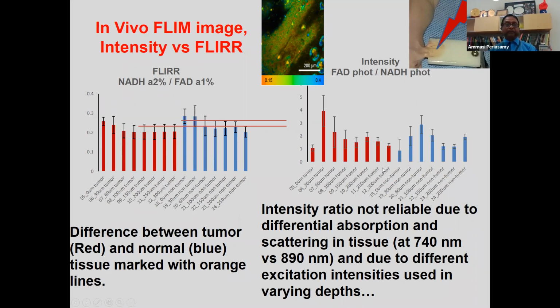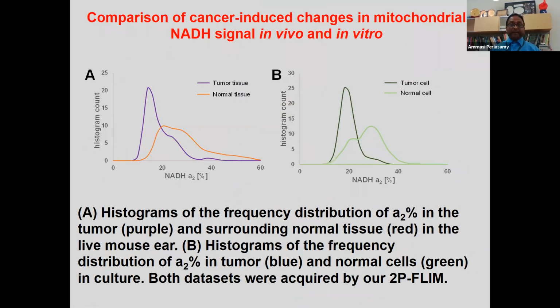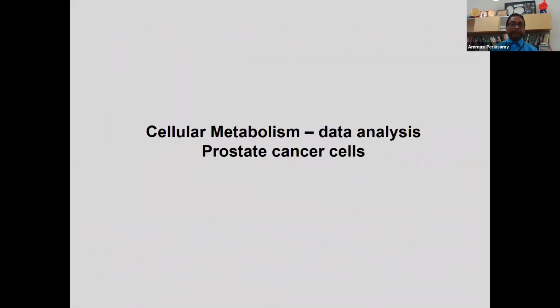Using our FLIRR method, the bound NADH divided by the FAD bound coenzymes gives you a clear result, not jumping around, and the data is very reproducible. You can see that from the cell as well as from the tissue, the pattern remains the same, the NADH and FAD signal for cancer versus normal tissue.